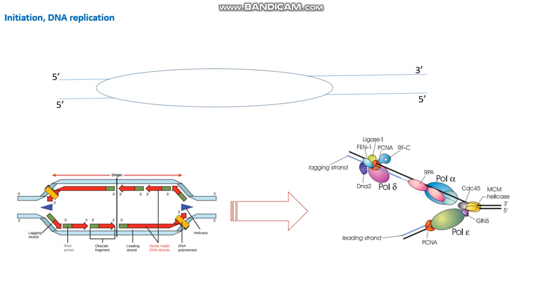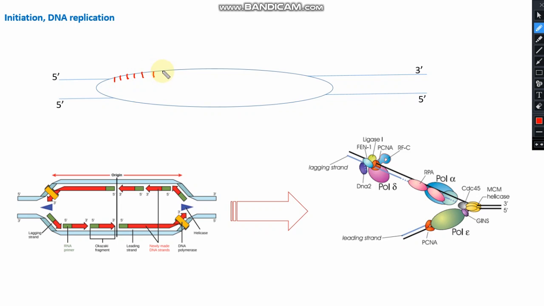Next is the initiation phase or DNA replication phase. So what happens here? As you see in this figure, the DNA fork starts here. This unwrapping of the DNA occurs by the DNA helicase, the MCM proteins.